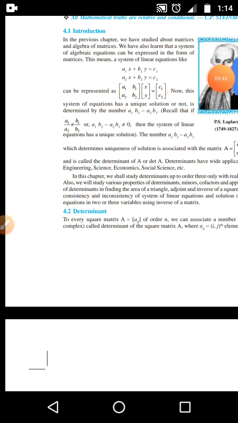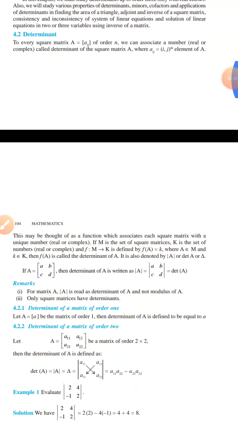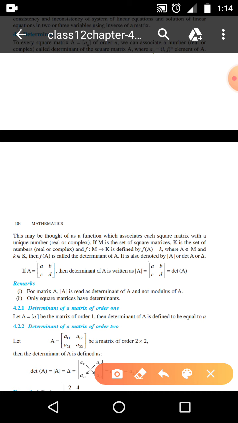So see, if M is the set of square matrices and K is the set of numbers, real or complex, then a function f from M to K is defined as f(A) = k, where A belongs to M, that is a square matrix, and k belongs to K, that is a scalar number.